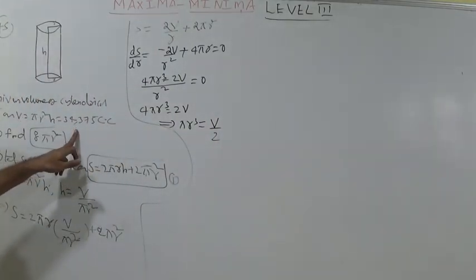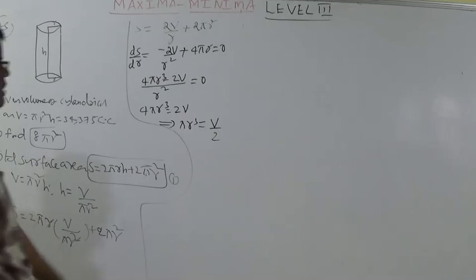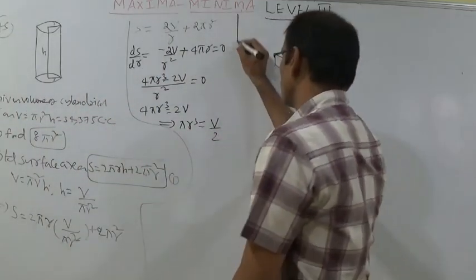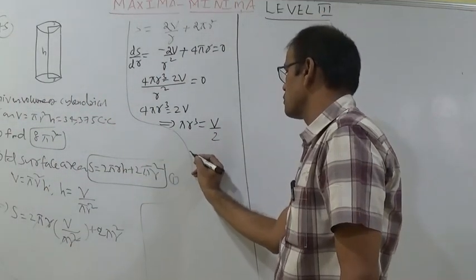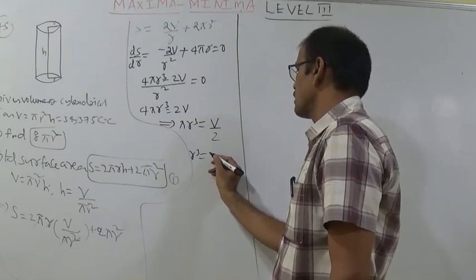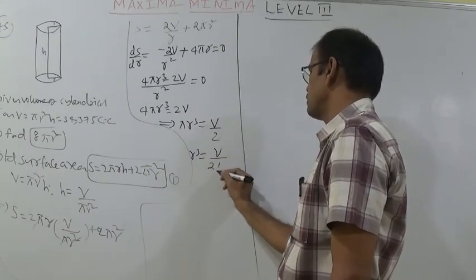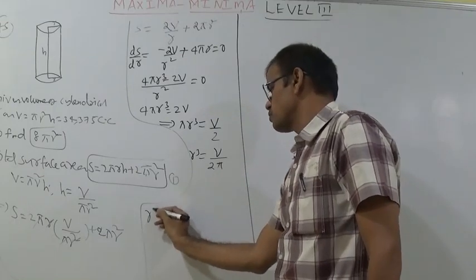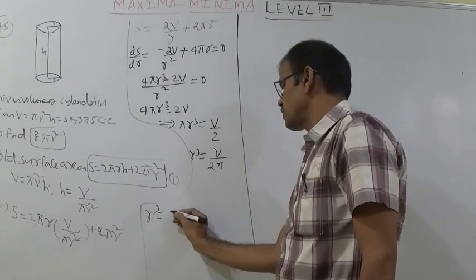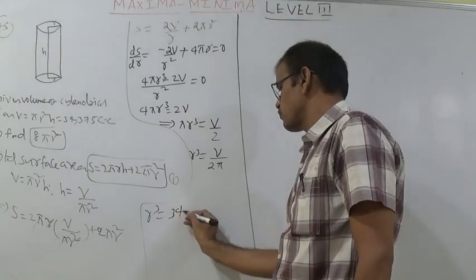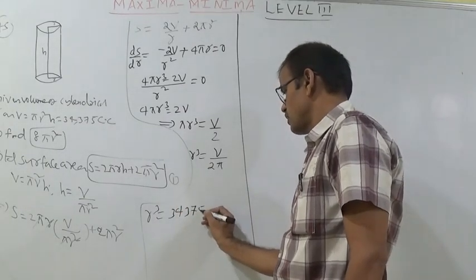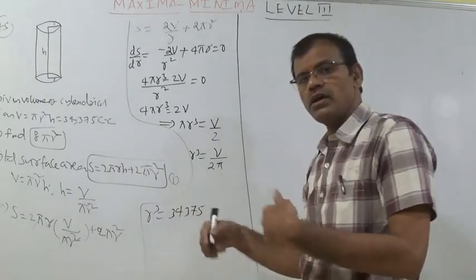What is the value he has given? 34375. So r cube is equal to V by 2 pi, that is 34375 by 2 pi.